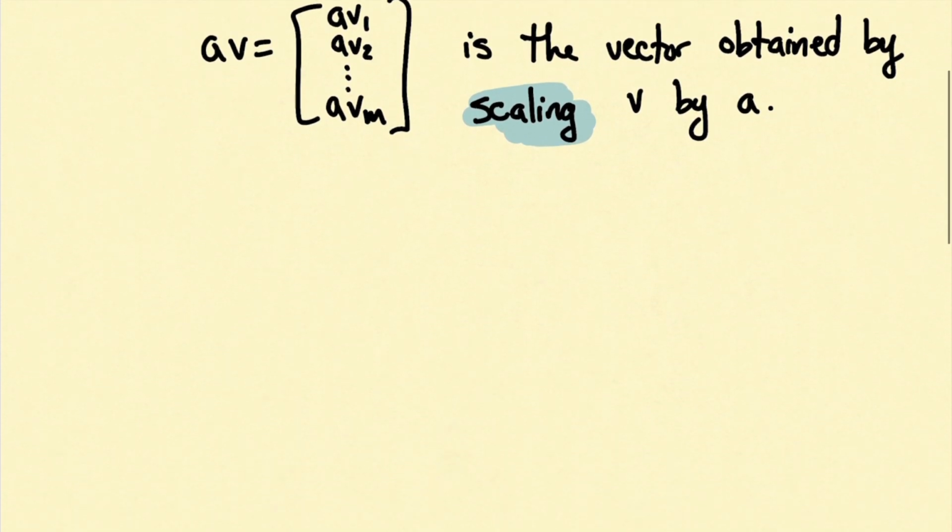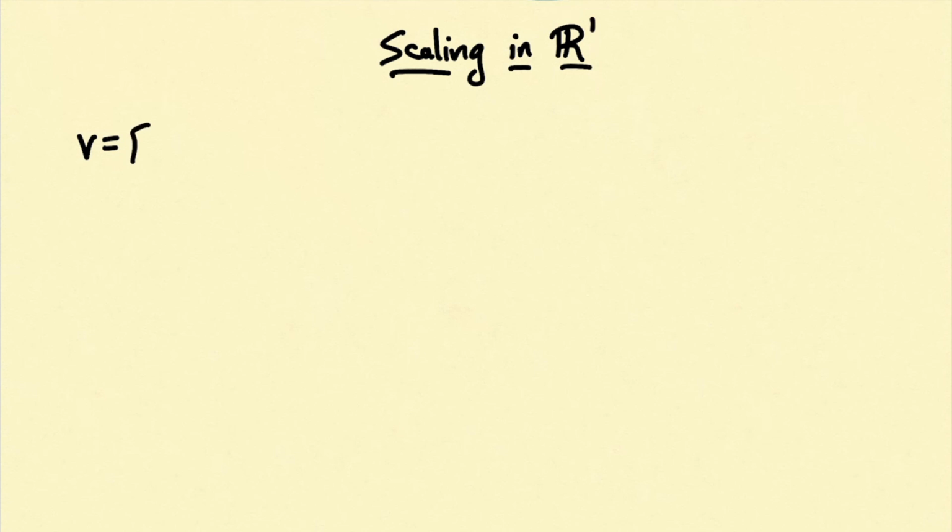To understand this operation geometrically, let's start by thinking about scaling in one dimension, then extend to higher dimensions. So vectors in one dimension are pretty simple. They are simply a 1-by-1 matrix with a single entry.